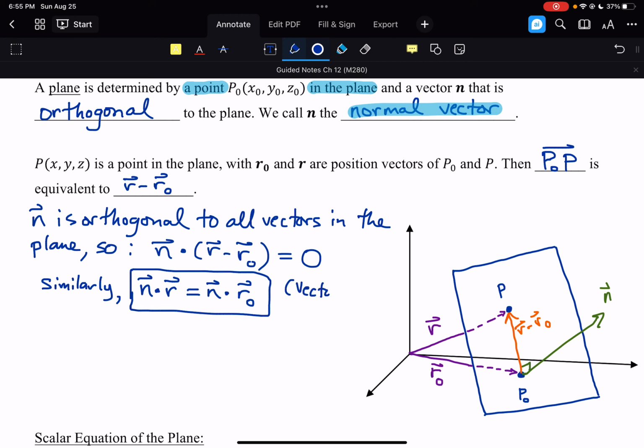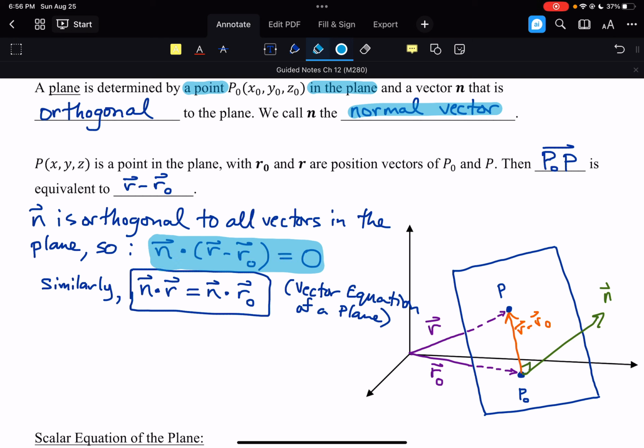This is the vector equation of a plane. Now, this version of the planar equation is not the one that we're really going to use. The one that we're going to use stems out of this one.